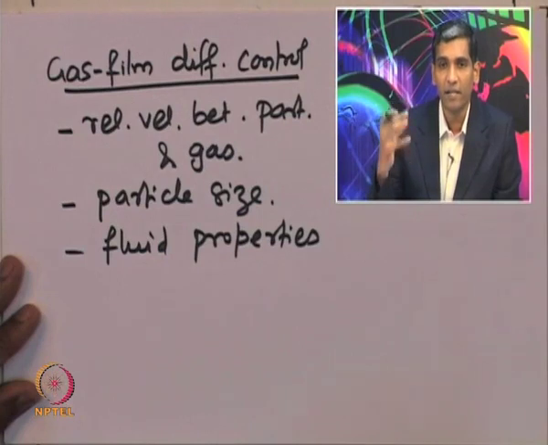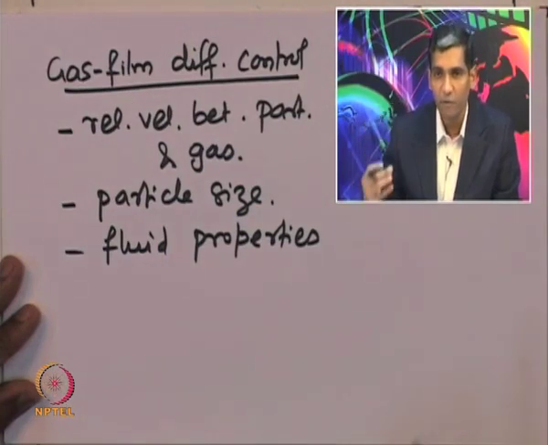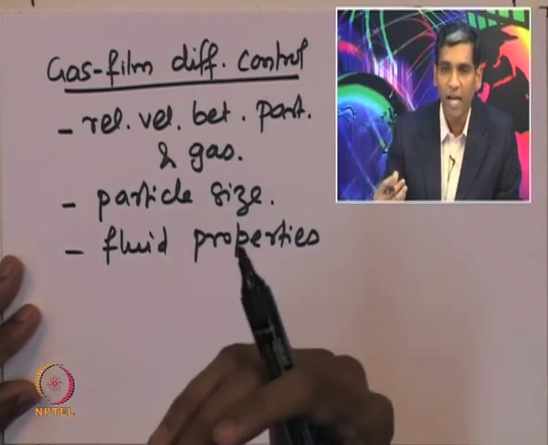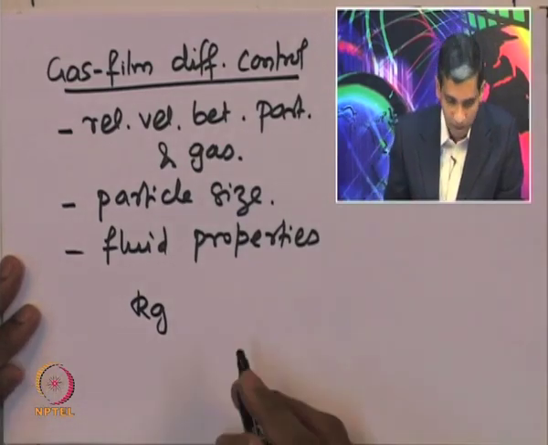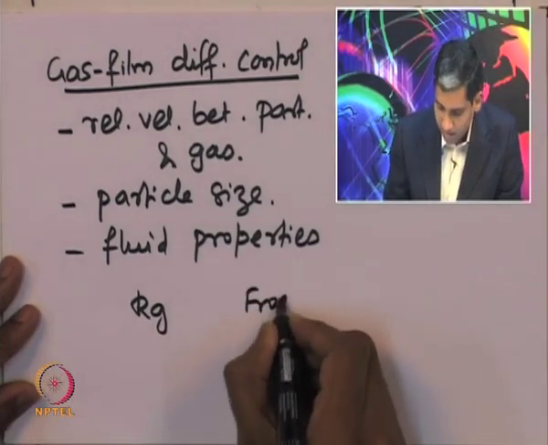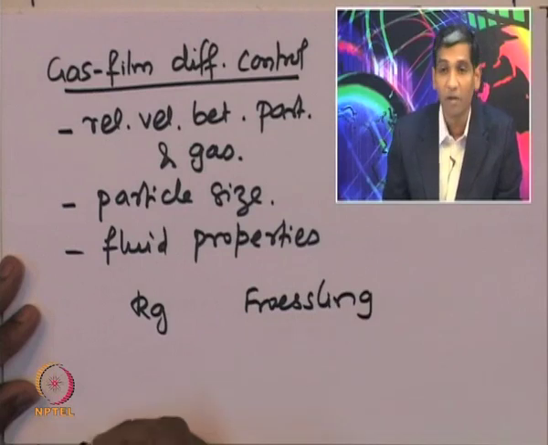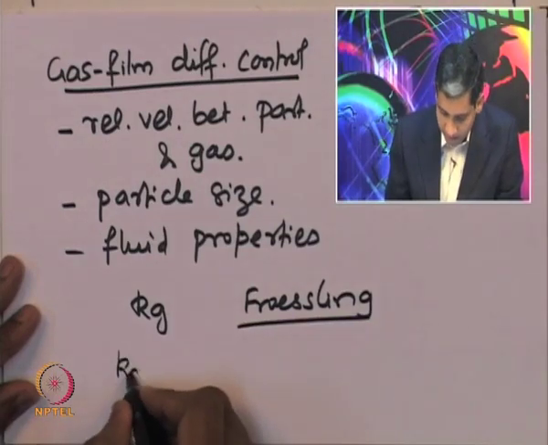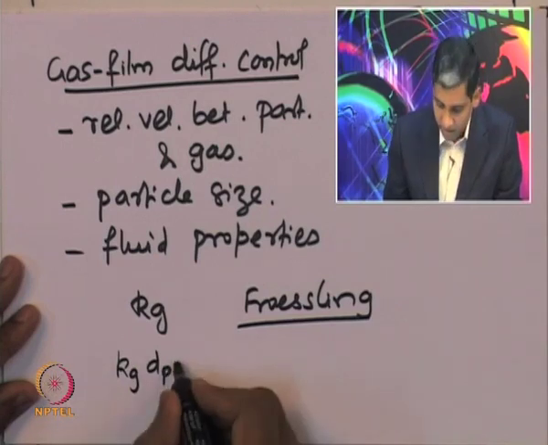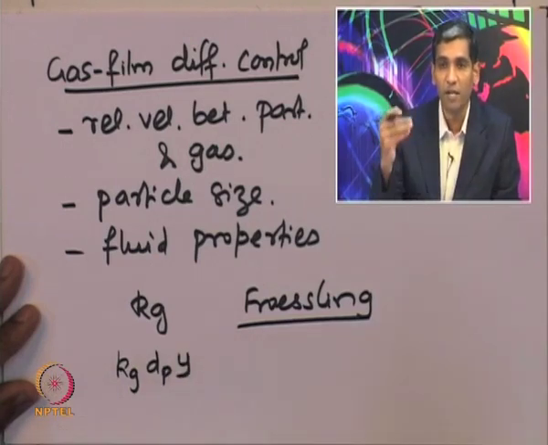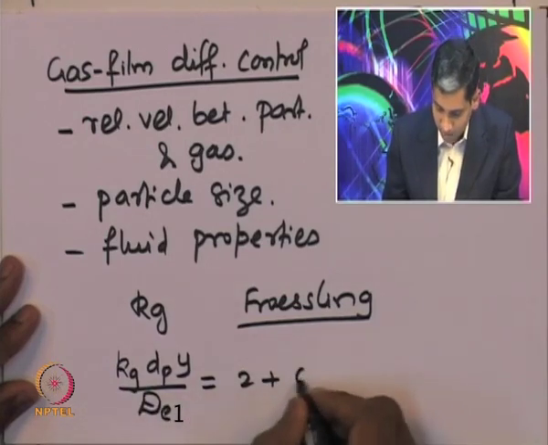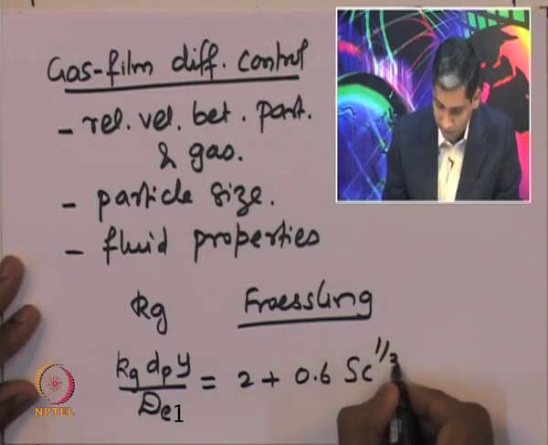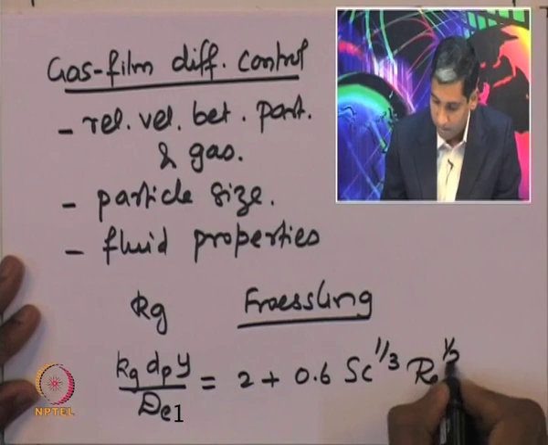Remember that the resistance offered by the diffusion of the reactant species through the gas film is essentially captured in the mass transport coefficient Kg, just like what we have seen for the earlier mode. One correlation is called the Froessling correlation, and it is given by Kg times the diameter of the particle dp multiplied by the mole fraction of the species in the gas phase, divided by the corresponding diffusivity, equal to 2 plus 0.6 times the Schmidt number to the power of 1 by 3 and the Reynolds number to the power of 1 by 2.